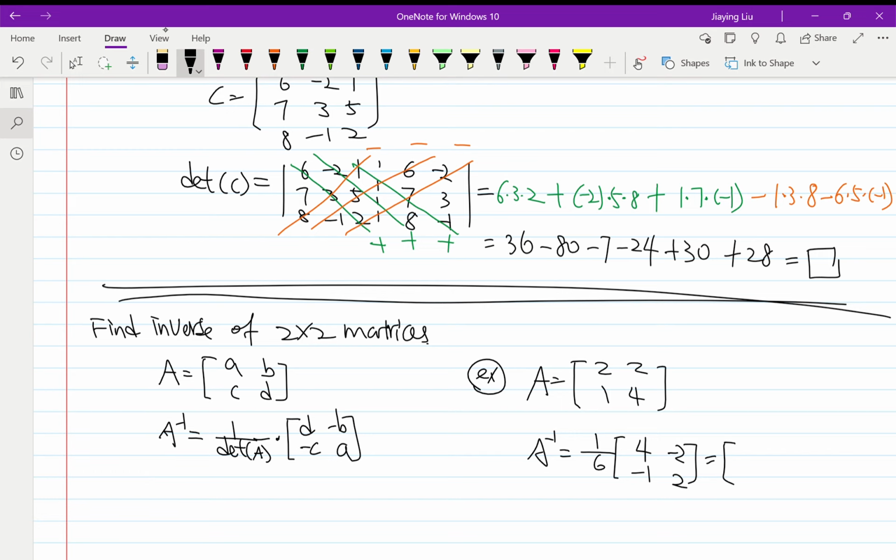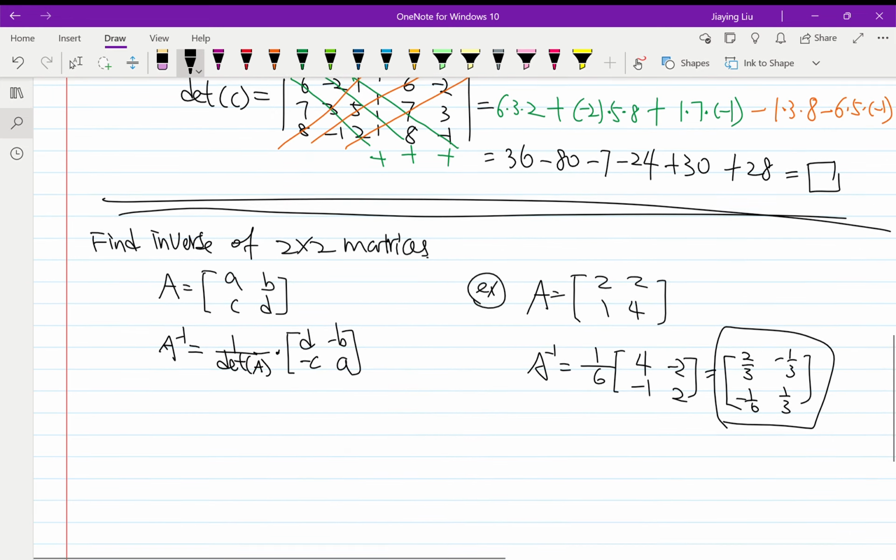So that's 4 over 6, which is 2 over 3, negative 2 over 6, which is negative 1 over 3, negative 1 over 6, and then 2 over 6 is 1 over 3 again. So this is the inverse of A. Questions?